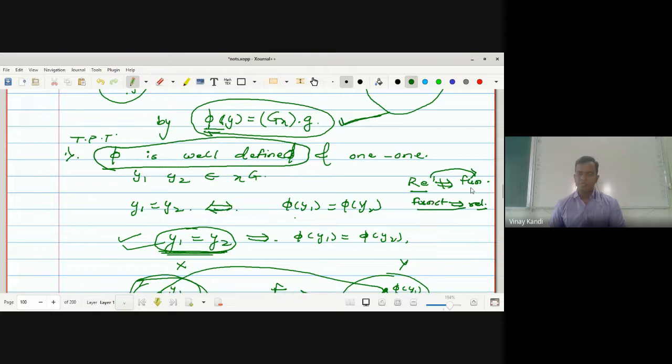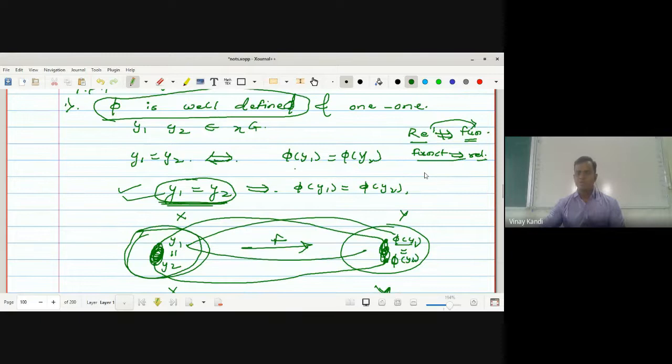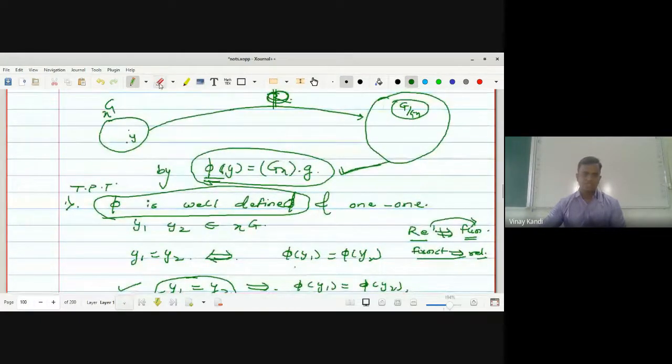Because in function we want every element in domain their unique image in codomain. ओके, पण रिलेशन मध्ये तसं चालत नाही. त्याला हा y1 हा इकडच्या दोन एलिमेंटला तुम्ही रिलेट करू शकतो, जसं इक्विव्हॅलन्स रिलेशन मध्ये पाहिलं, x1 related to x3, x1 related to x4. ओके, that is equivalence relation आहे, but it is not a function. Okay, so every function is a relation, but every relation is not a function. टॉपिक असेल कोणाचा तरी सेमिनारचा.